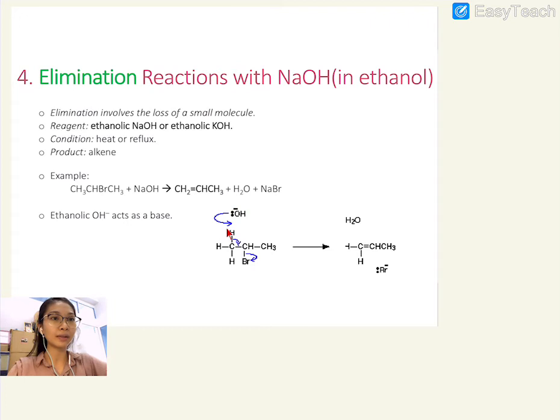It will grab the proton that is attached to the beta carbon, and then this electron will go down, forming the double bond, expelling the bromide ion that will combine with the Na plus from the base, producing NaBr. So this will be the mechanism for the elimination reaction.